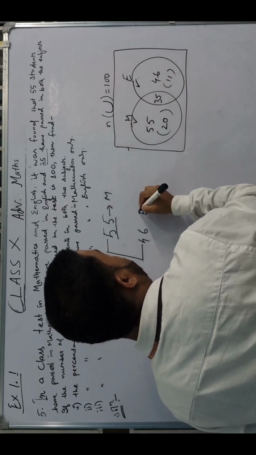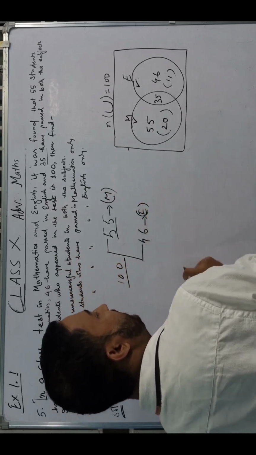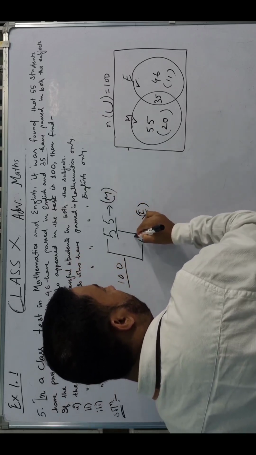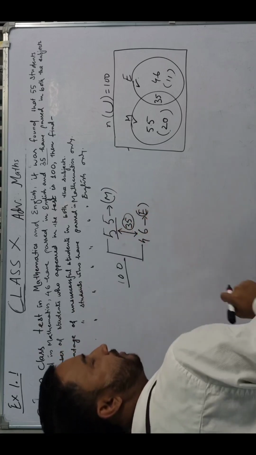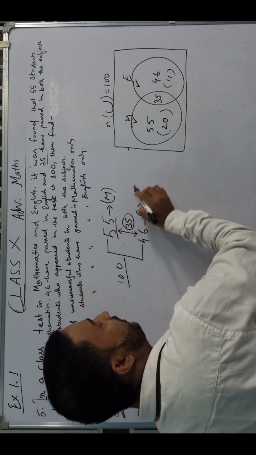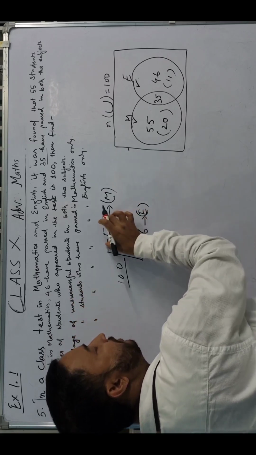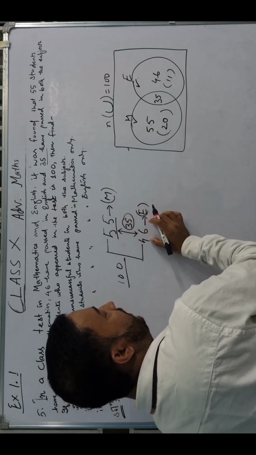This is for the maths subject and this is for the English subject. Out of this 55, 35 students are common to both subjects. These 35 students have passed both subjects, so they are in mathematics and also in the set of English.